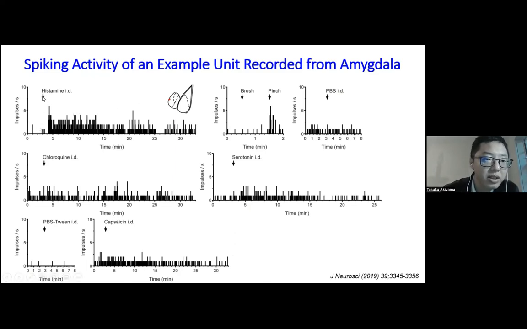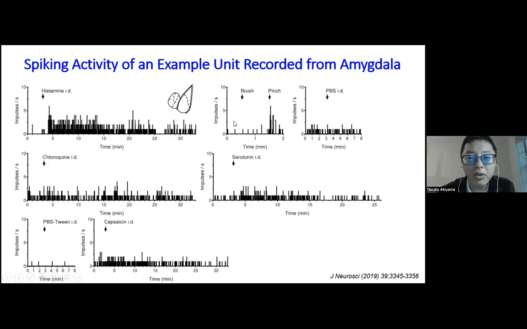Okay, so this unit shows an increase in firing after histamine injection, as you can see here. It was immediately activated, and the peak was more than 5 hertz. And then this activity ceased about 25 minutes after the injection.